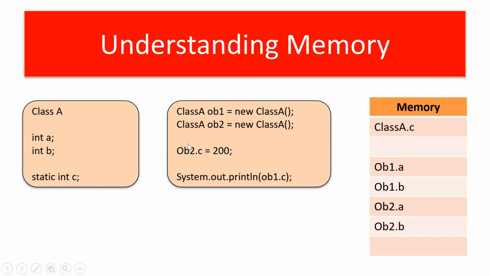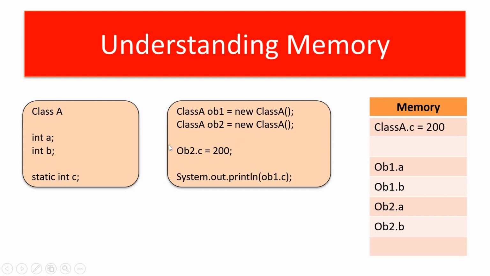Now I am modifying ob2.c equal to 200. See, the 200 will be assigned here, and I am trying to print ob1.c. So what will be the actual output? Even if we create ob3, ob4, ob5, whatever the objects may be, objectname.static integer will point to the same memory location.